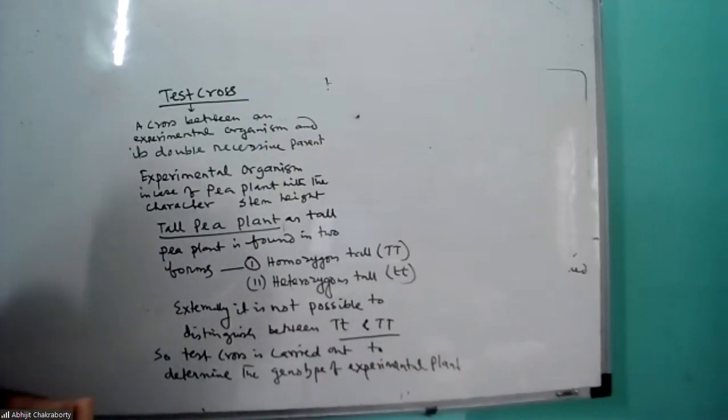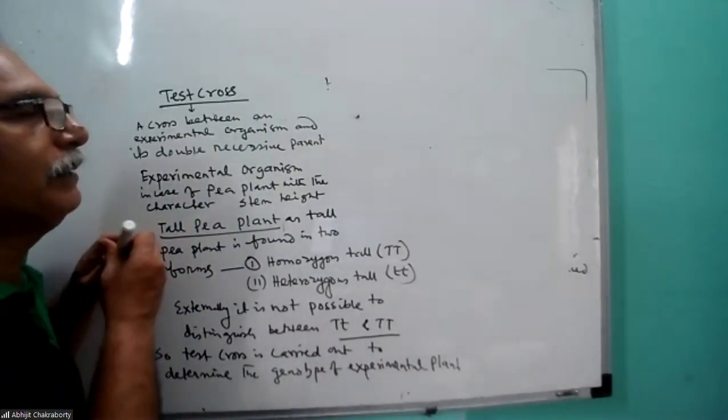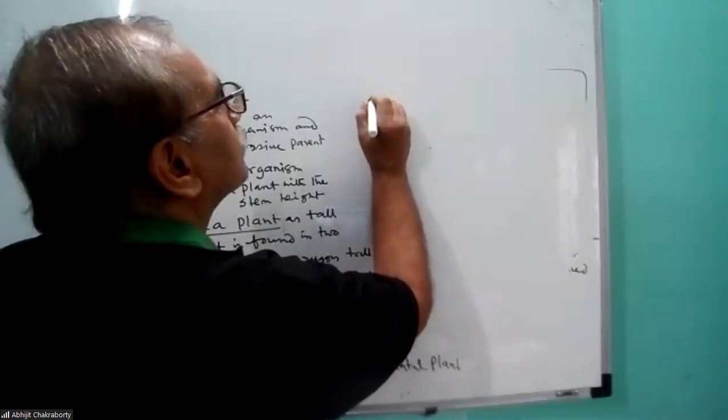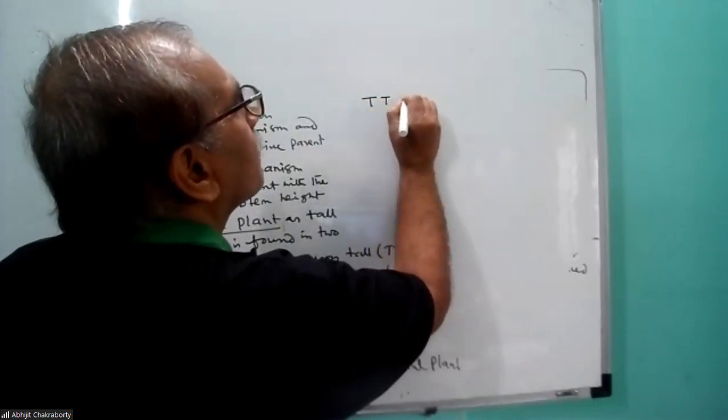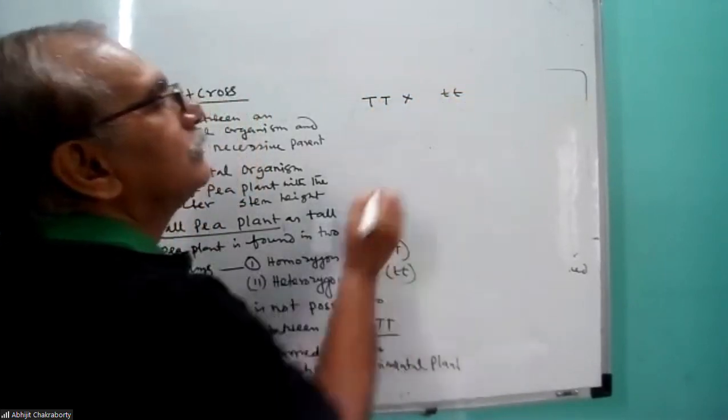So the purpose of the test cross is to determine the genotype of the experimental plant. These are two types, you see. So the test cross may be of two types.